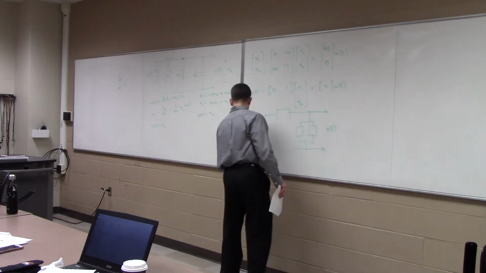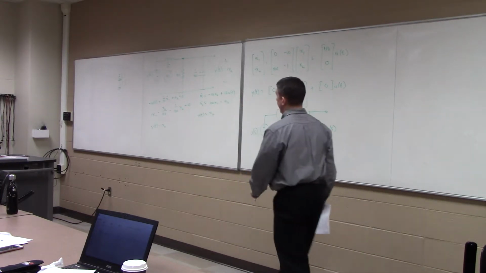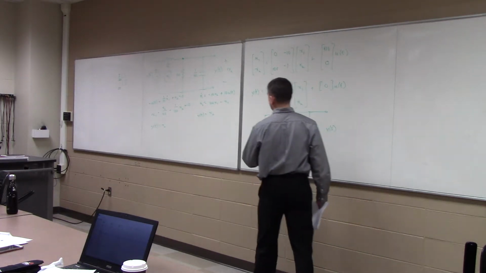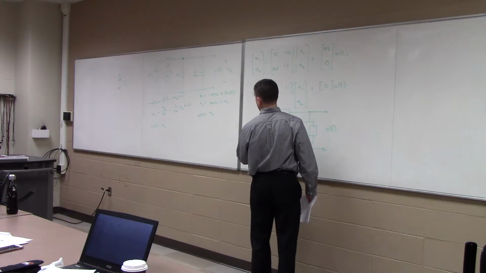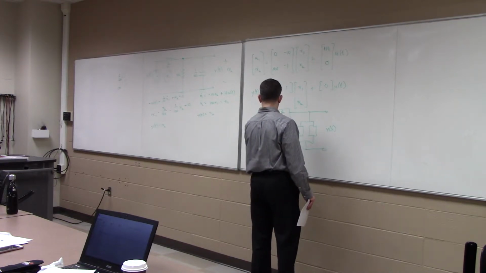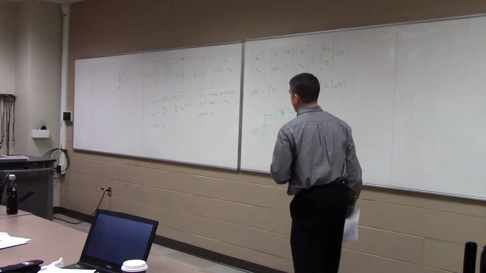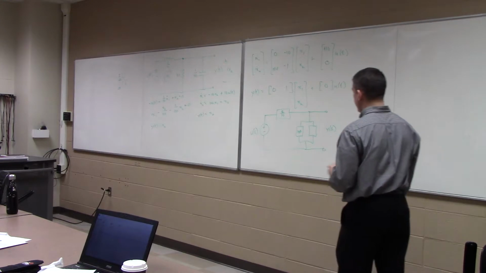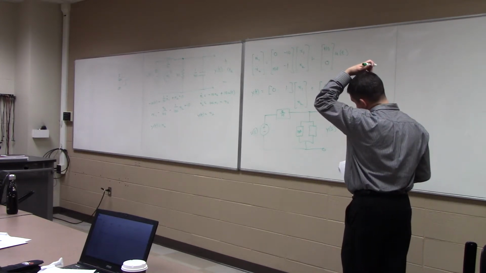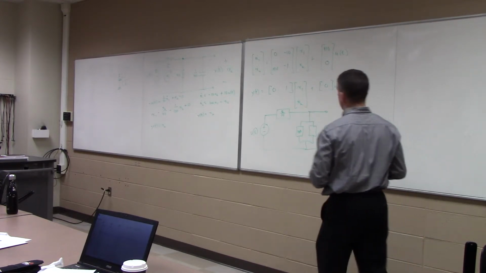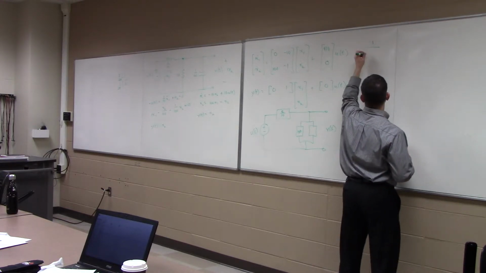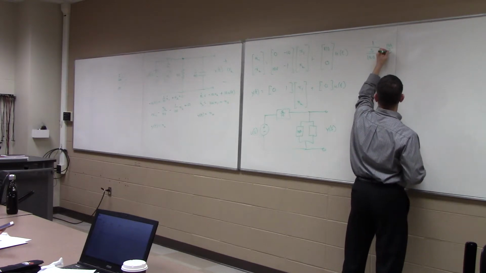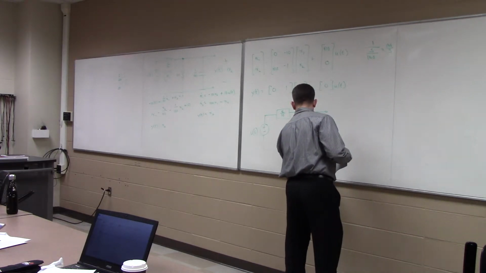Remember, inductor gets multiplied by s, so it's sL, so it's going to be sL over 10. Resistors stay the same. And it's 1 all over sC. So 1 all over s divided by 100, we got 100 over s.